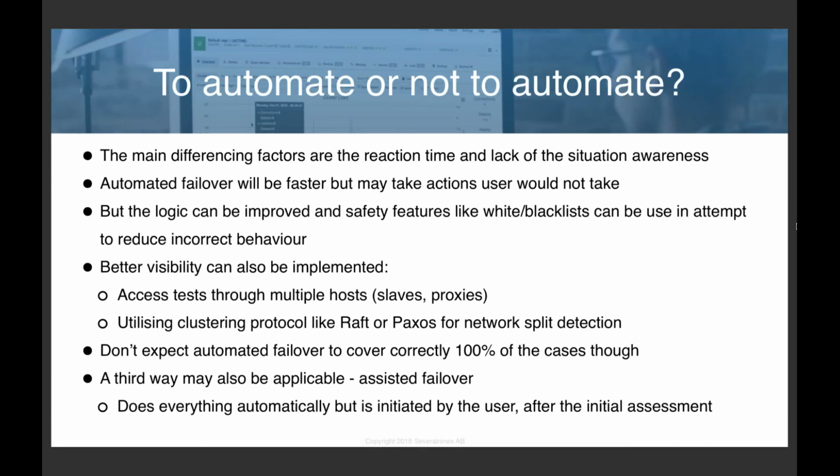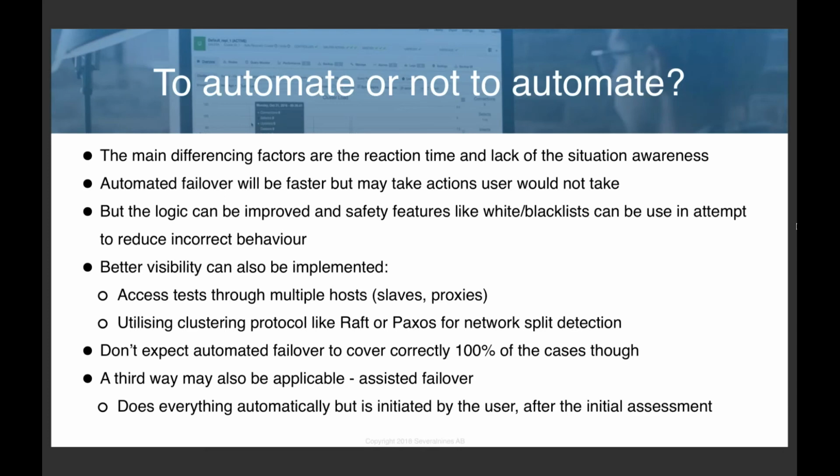The thing is that you can try to improve the logic, especially if you're maintaining your own software for that. Or you can use some external safety features like a whitelist or blacklist, to minimize the chance of incorrect behavior showing up.